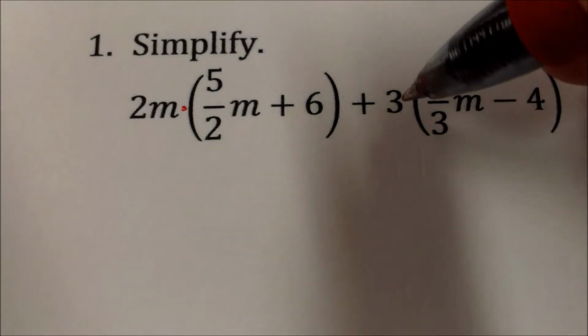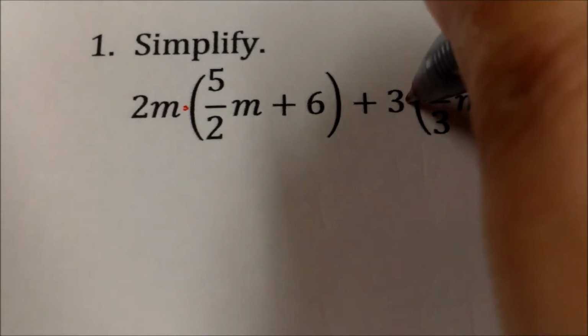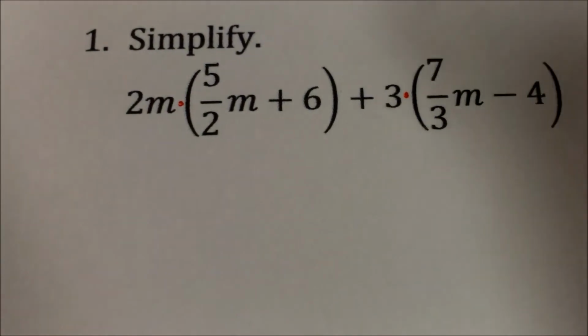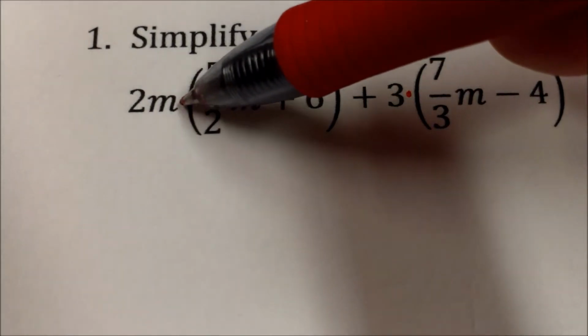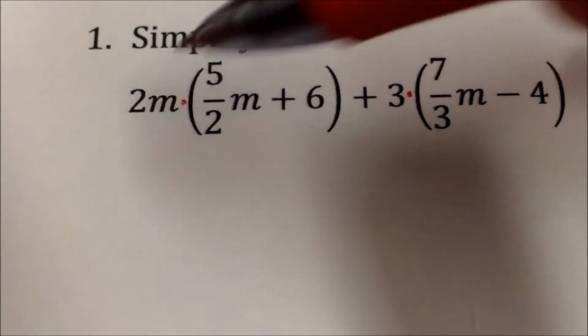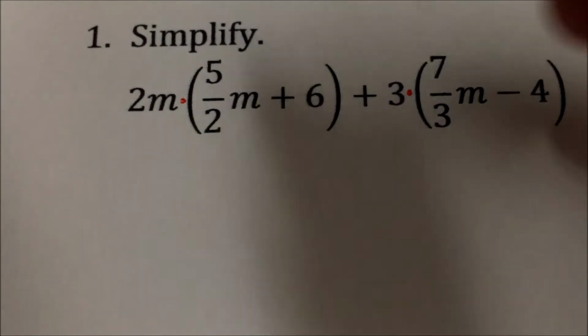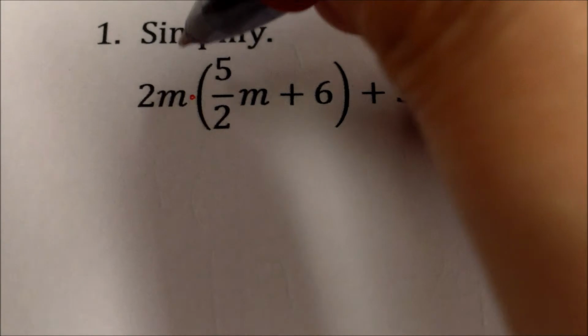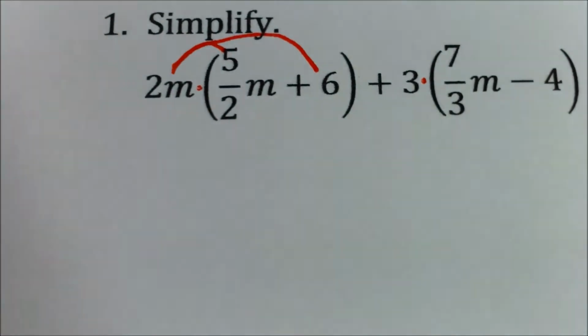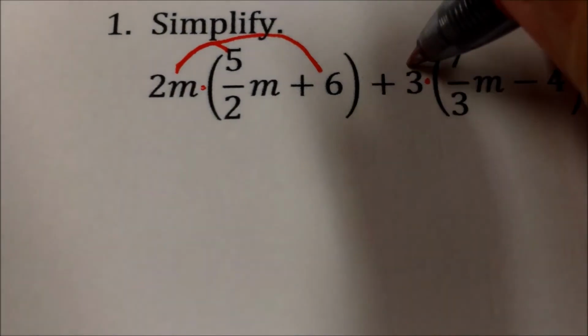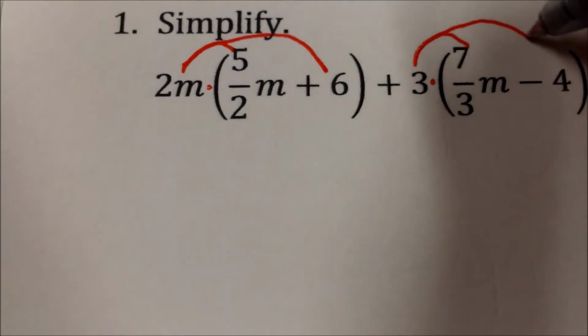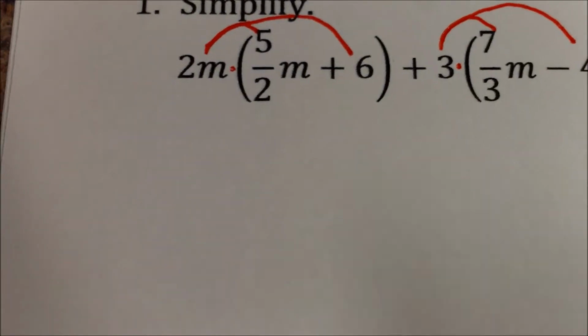It's multiplying, so it's distributive property. Here as well, the 3's in front of the parentheses, it's distributive property. If there would have been a plus or a minus, you can't do distributive property. It's only when you're multiplying. So we are going to multiply each term here to each one. And we're going to multiply the 3 to each term inside those parentheses.